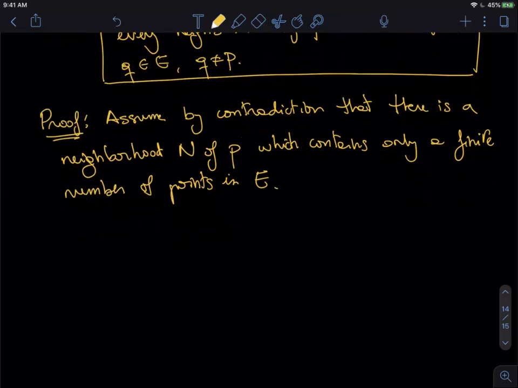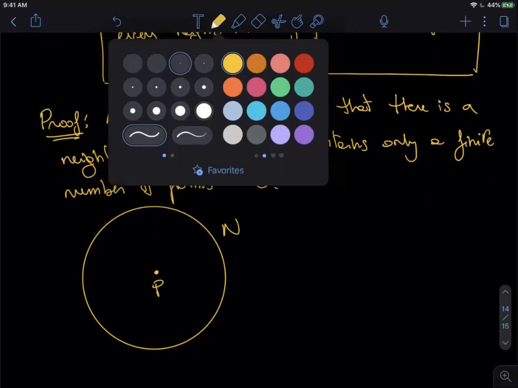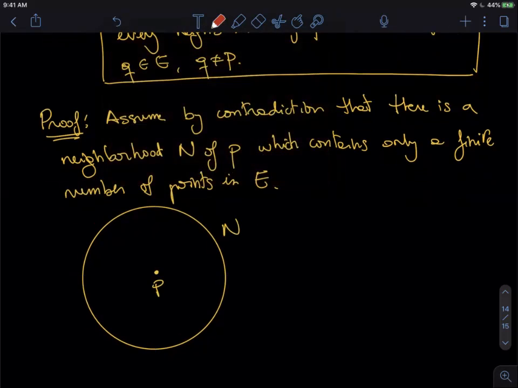So what we are saying here is, we have this neighborhood N, point P, and we have just a few points that we are going to call Q1, Q2, Q3, Q4, Q5.